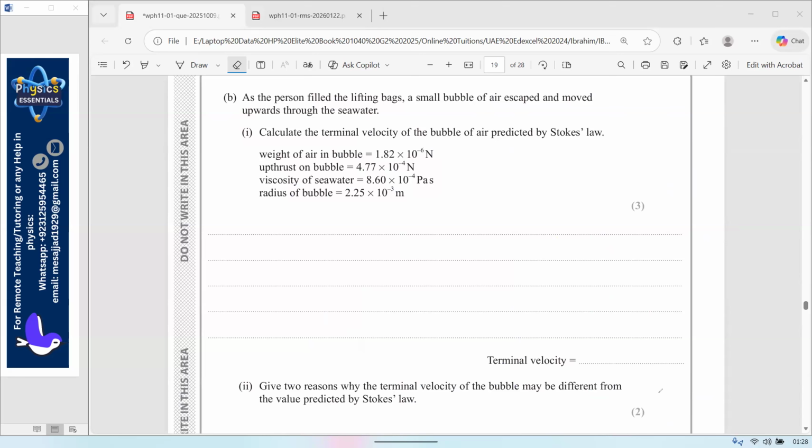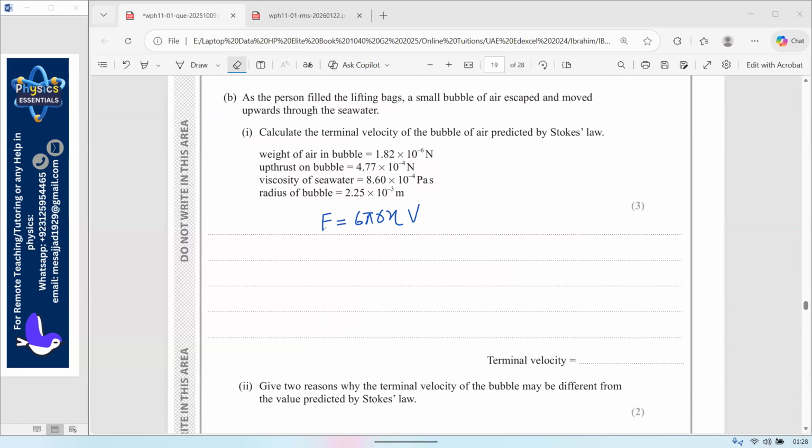As the person filled the lifting bag, a small bubble of air escaped and moved through the seawater. Calculate the terminal velocity of the bubble of air predicted by Stokes' law. So Stokes' law is F equals 6 pi r eta v, right?